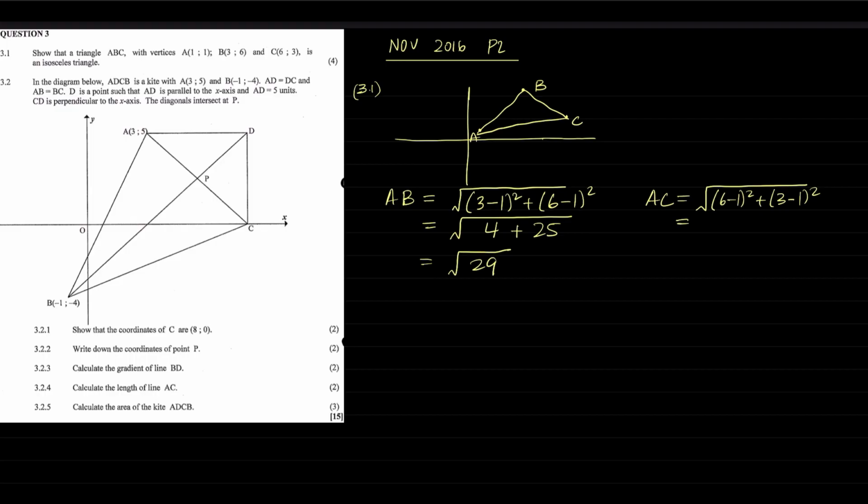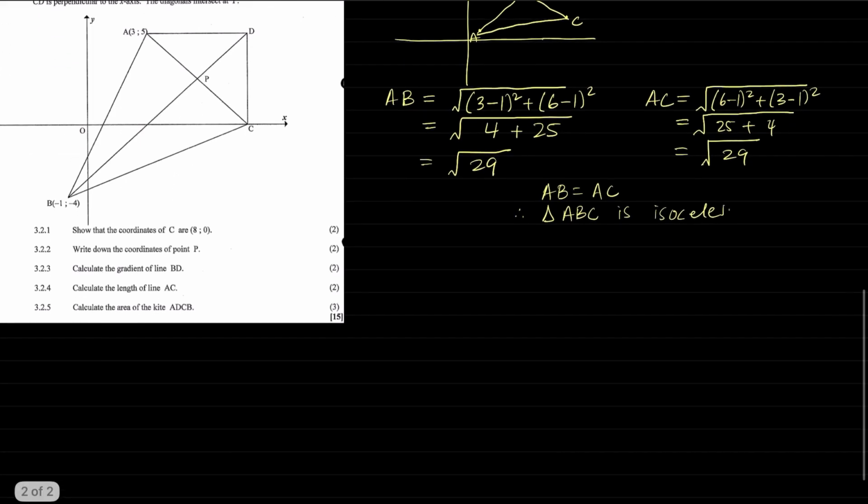That is equal to 6 minus 1 is 5, 5 squared is 25, and plus 3 minus 1 is 2, 2 squared is 4. And here we go, we have the square root of 29. So since AB is equal to AC, we can say therefore triangle ABC is isosceles. So as easy as that, 4 marks.